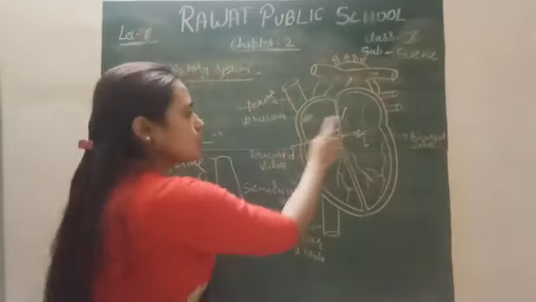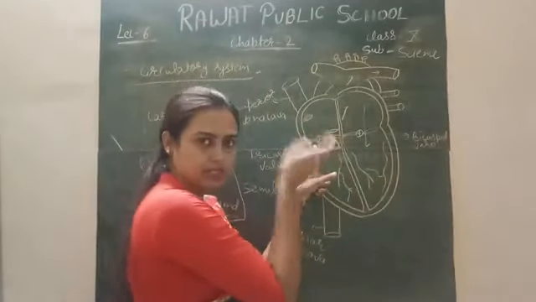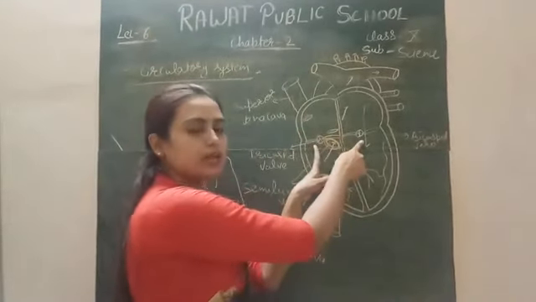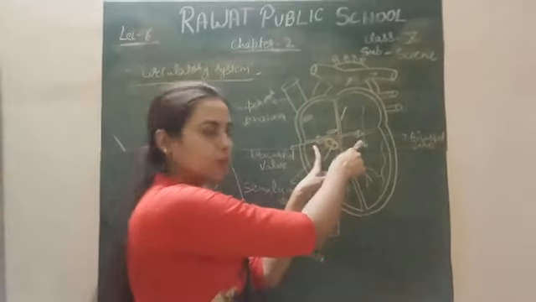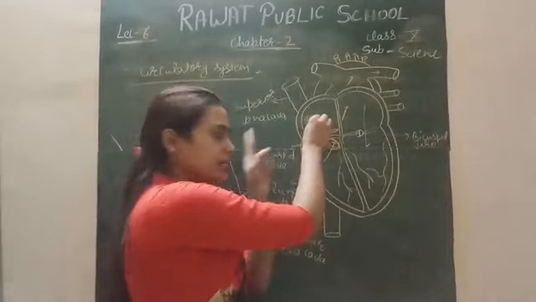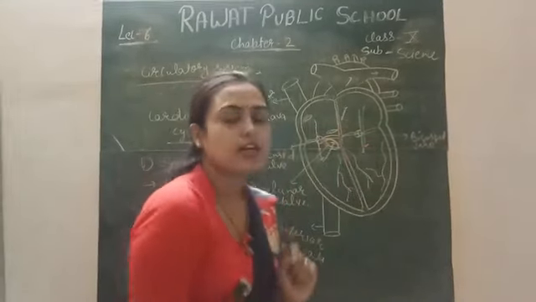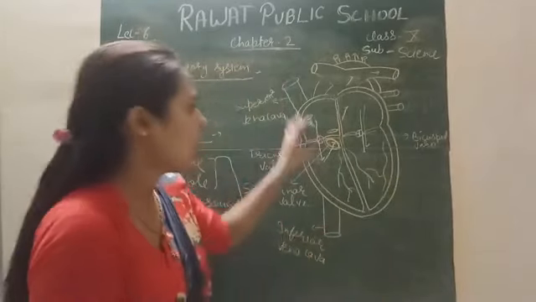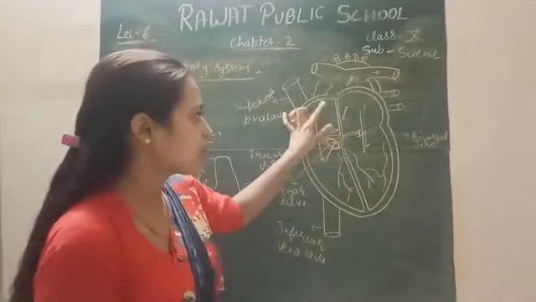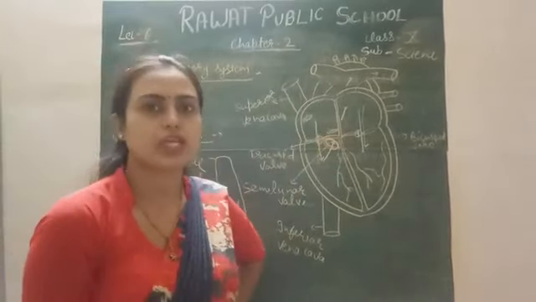When the auricle walls contract, the tricuspid valve on the right side opens, and on the left side the bicuspid valve opens. When they open, the blood goes from the right auricle to the right ventricle, and from the left auricle to the left ventricle. This stage occurs when the pressure in the auricles, on both the right and left sides, decreases.